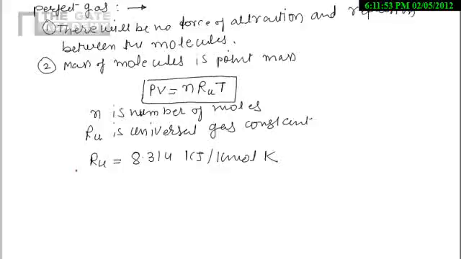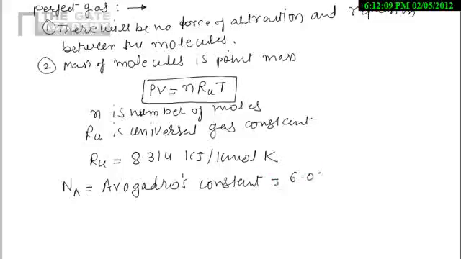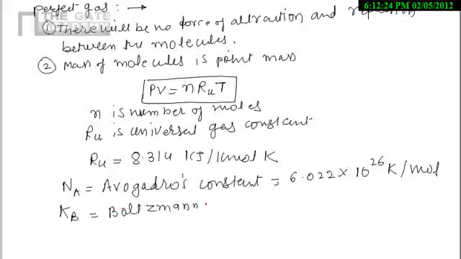Similarly, we have another number that is called Avogadro's constant Na, and this constant value is 6.022 into 10 to the power 26 per kilomole, and one more constant, that is Boltzmann constant, and value for this Boltzmann constant is 1.380 into 10 to the power minus 23 joule per Kelvin.